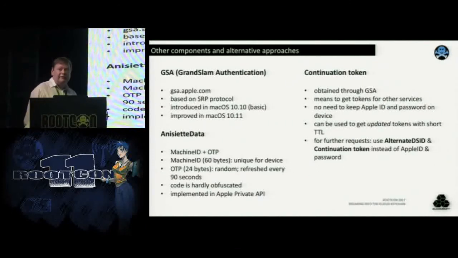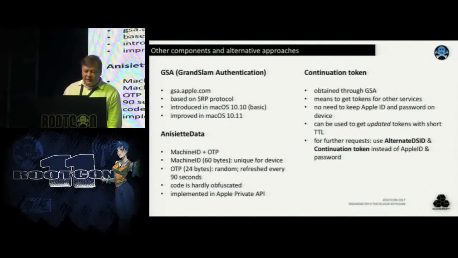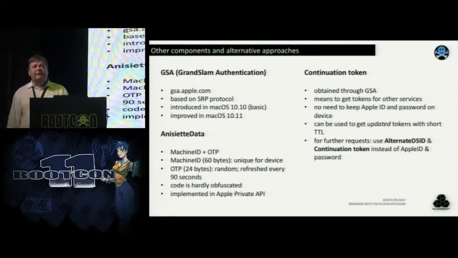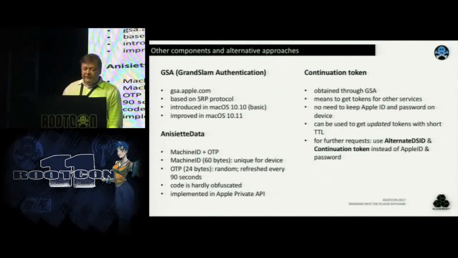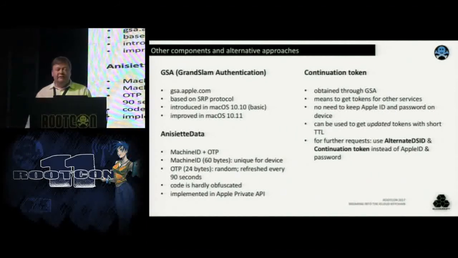What are the other ways to access the data in the iCloud keychain? First, the GSA authentication needs to be implemented, and I haven't seen any software accessing the iCloud that already has the authentication methods implemented. Everyone uses a different address on the Apple website to authenticate.